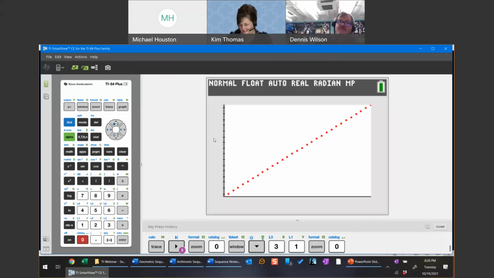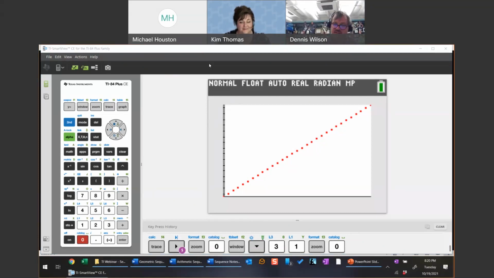But as we move on and we see some of this other stuff, we'll see zoom fit works pretty well for us as we explore more. So that said, I'm going to turn it over to Kim, who's going to show you the same skills on the TI-Nspire, but she's going to do this with a geometry problem.